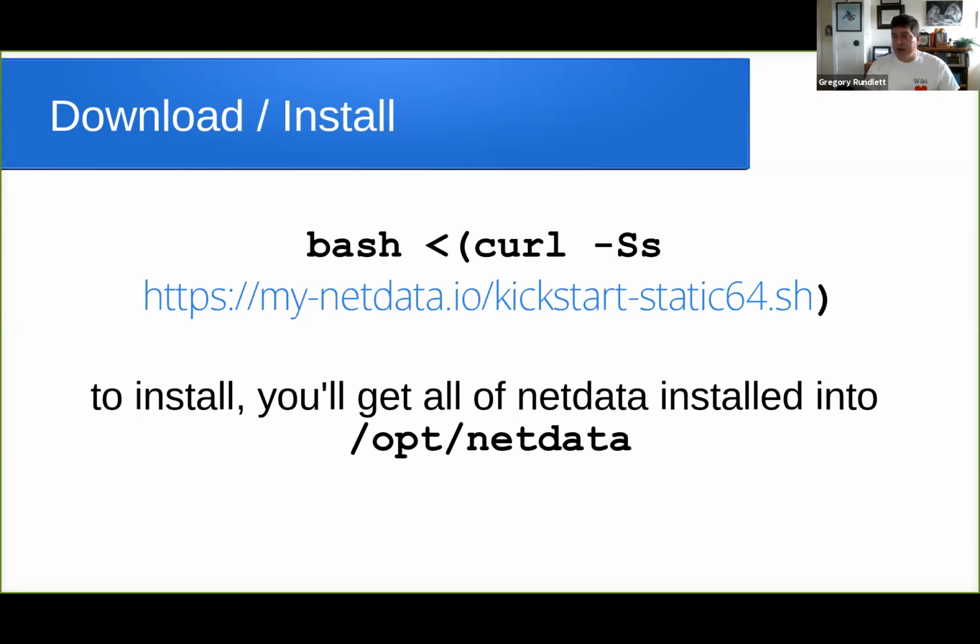And if you use that bash command, curl my-netdata.io/kickstart-static64, assuming you have a 64-bit environment in your server room, that's going to do everything. Download NetData, install it into opt/netdata, and check your system for compatibility. So it really is that simple.